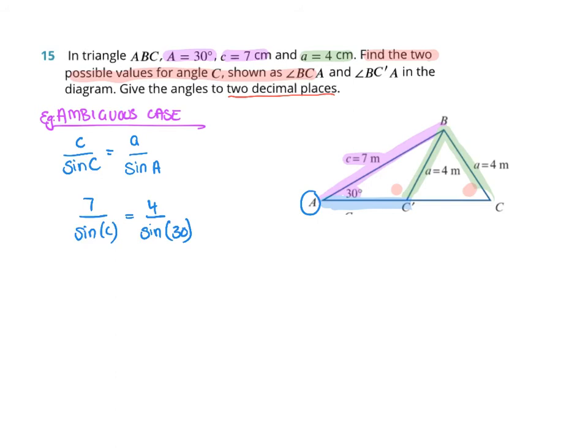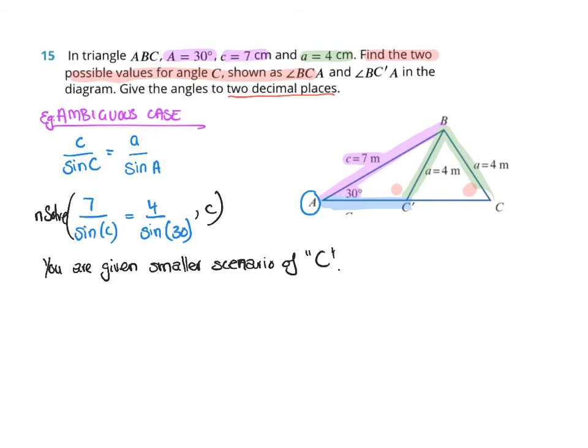So we're going to pop it into the calculator, and we're going to do n solve here, comma C. What that's going to do, when we do n solve, is give you the smaller scenario of C. Okay, so really I'm getting given my first scenario that I'm finding, because that angle is smaller than this angle, which is bigger.